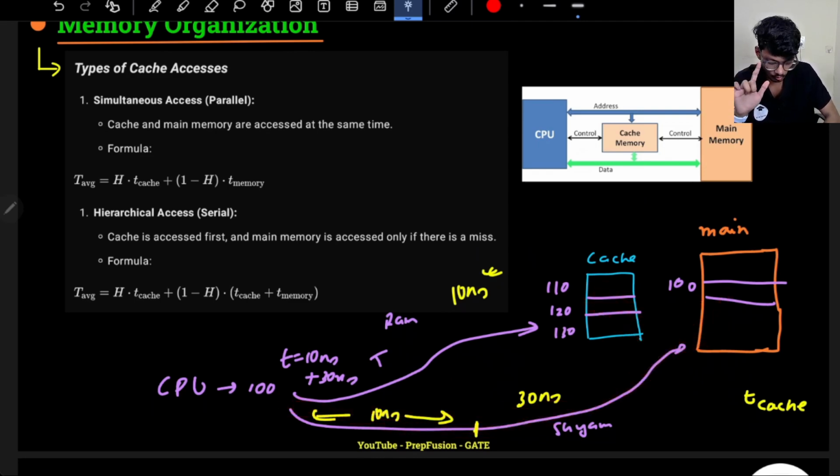Now, as I have already told you, each program is of megabytes. It's not like I will go and just bring one data, one address. It's like your father has told you to go to the market. If you need one egg, your father will not just tell you to go to the market and bring one egg, right?